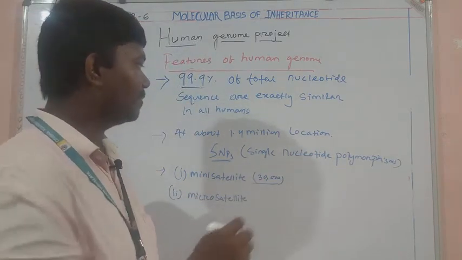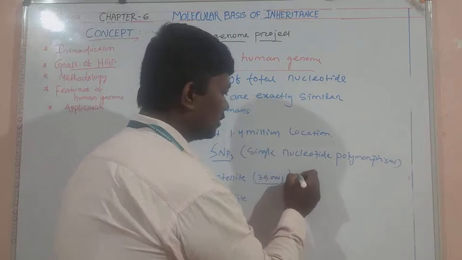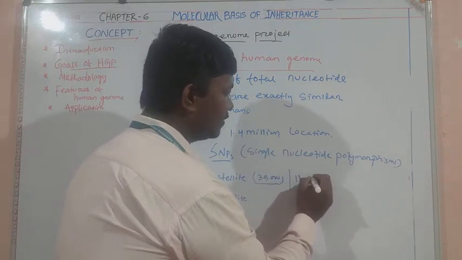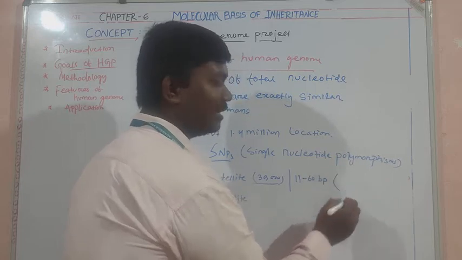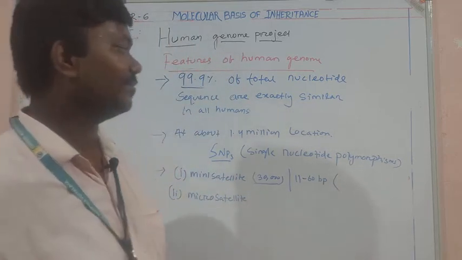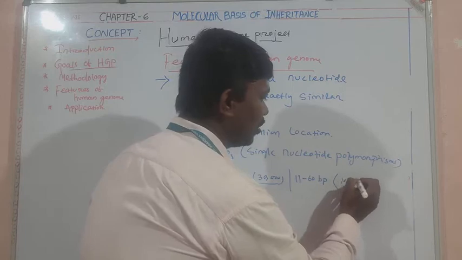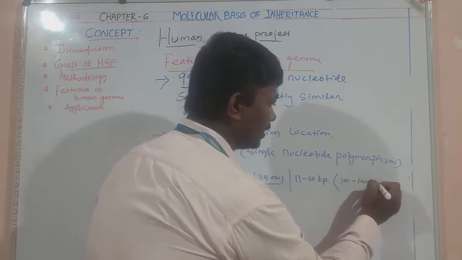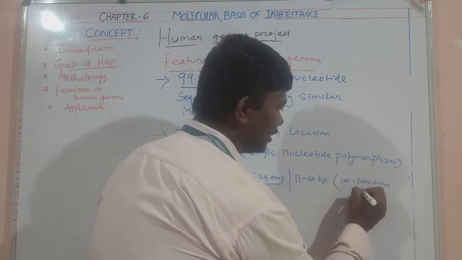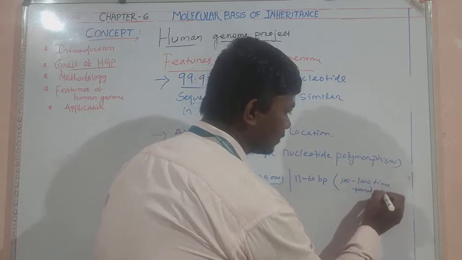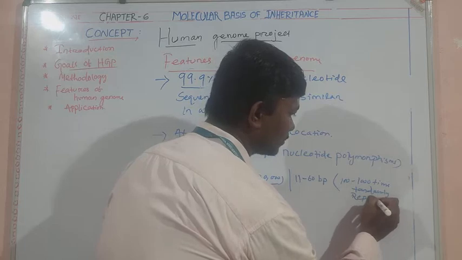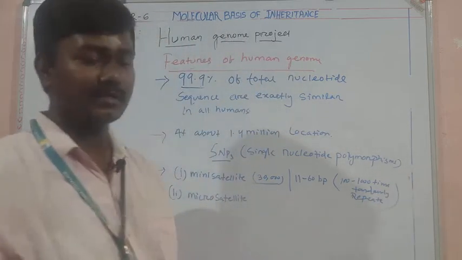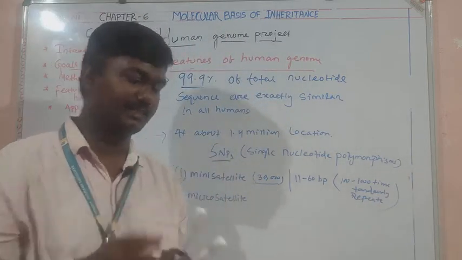Minisatellites range between 11 to 60 base pairs in length and repeat tandemly up to 100 to 1000 times. Tandemly means it repeats at its adjacent site.